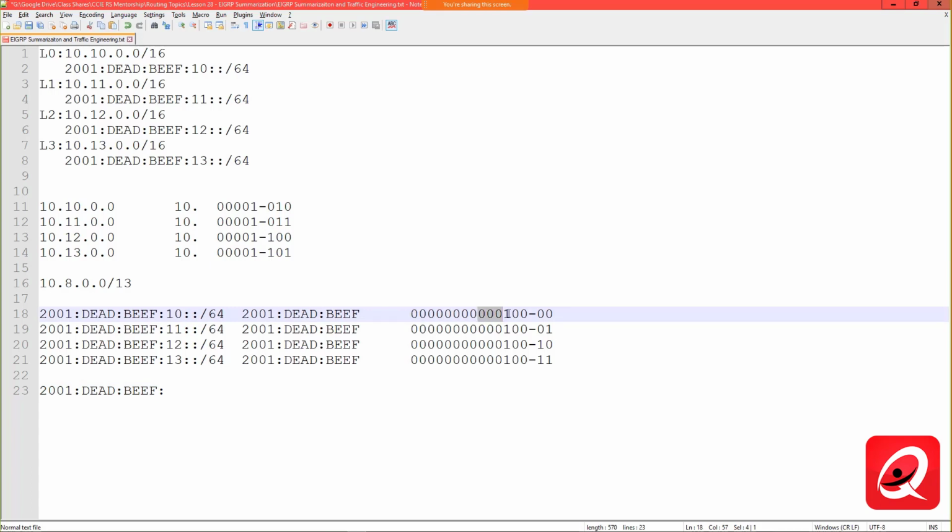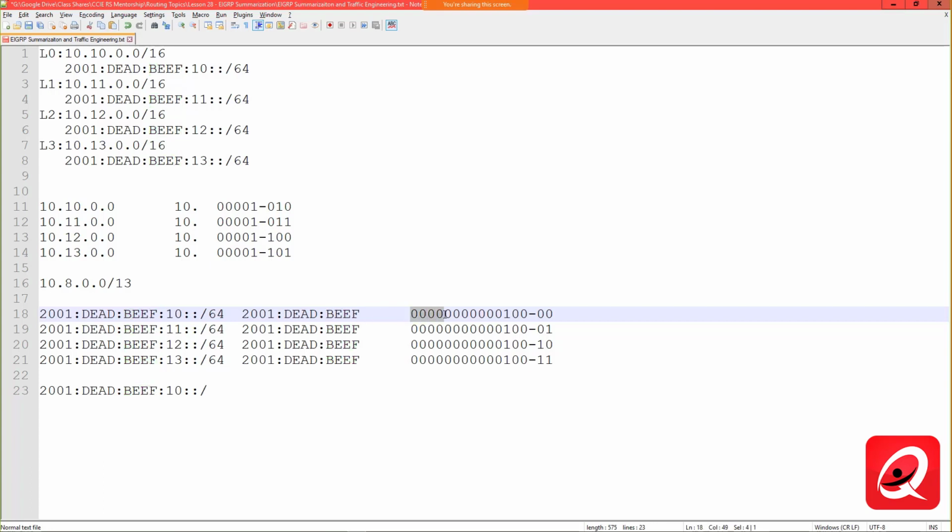We've got 3 zeros and a 1 here, so that's going to be a 1. And for the last nibble, the value of these 2 bits is 0. So that's going to end up being 1:0::/ so this is 16, this is 32, this is 48.